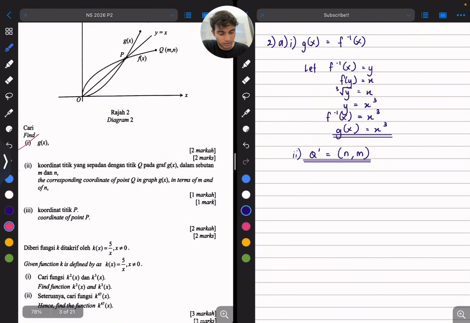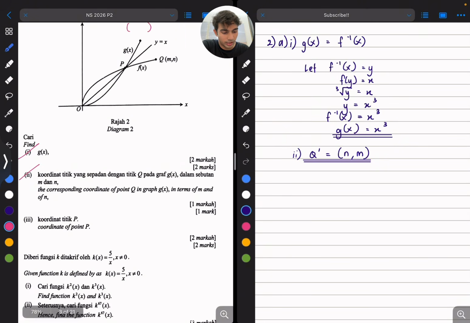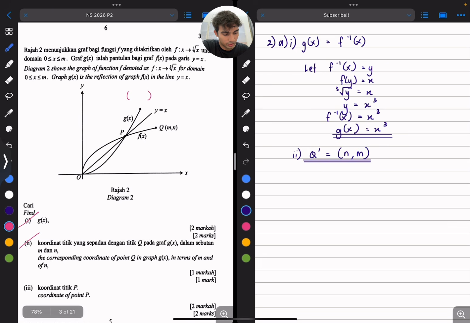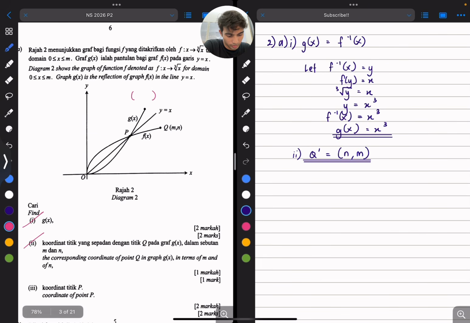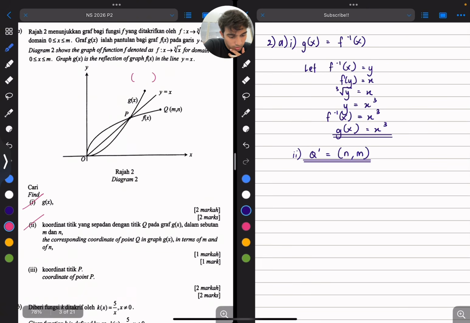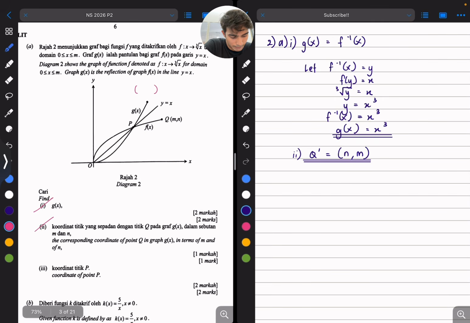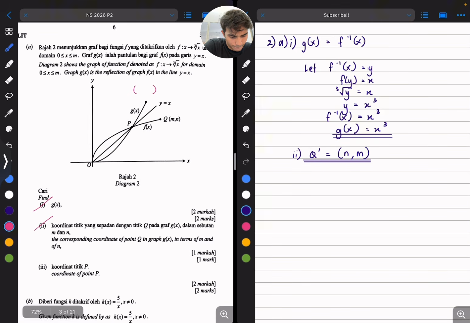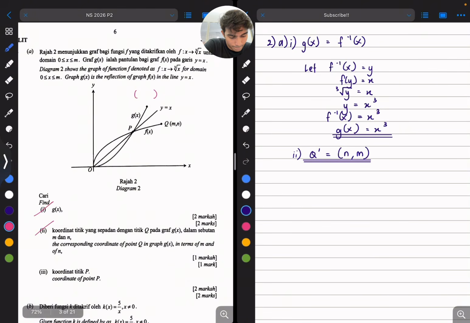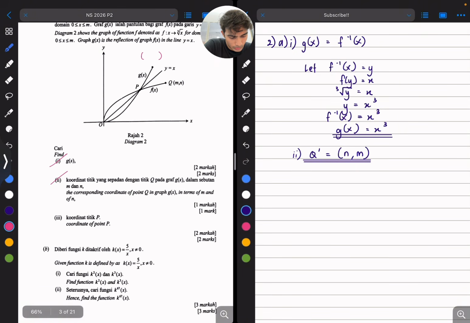Right. Number 3, coordinate of point P. Point P, where is point P? Coordinate of point P. Oh, here.